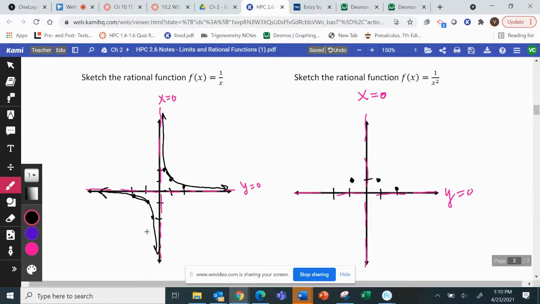If I plug in -2, I still get out a 4th. If I plug in a half, I get 4. Or if I plug in -1/2, I get 4. So everything I'm plugging in is turning into being positive.